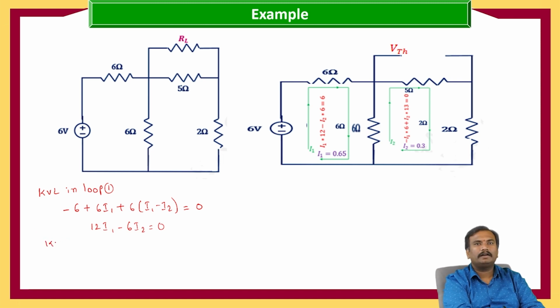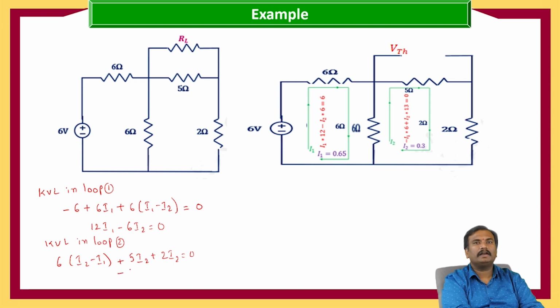Now let us write the KVL in loop 2. KVL in loop 2: 6 into (I2 minus I1), because here the I2 current has higher magnitude, plus 5 I2 plus 2 I2 is equal to 0.